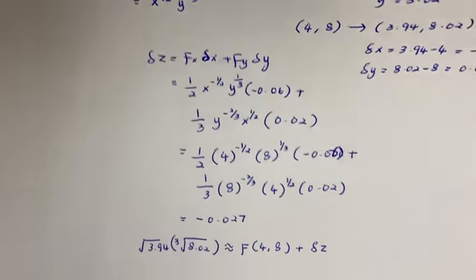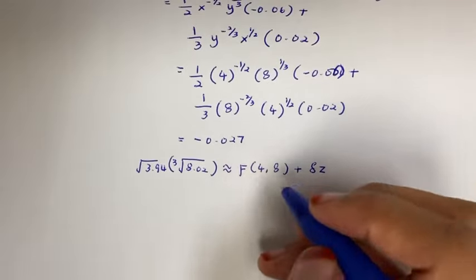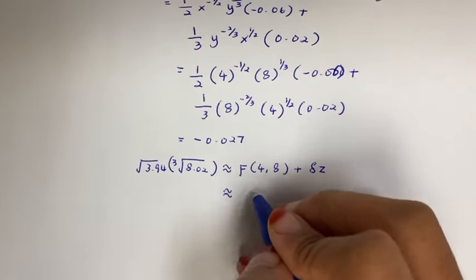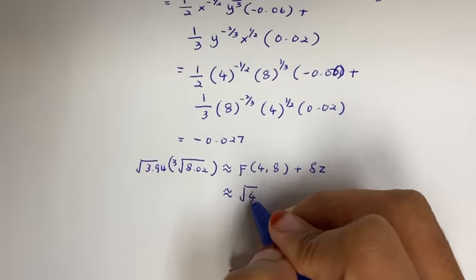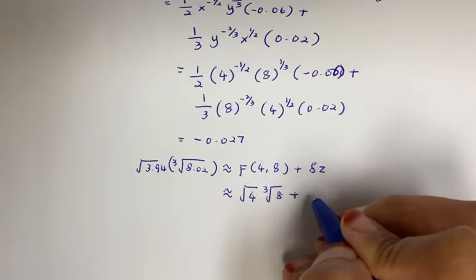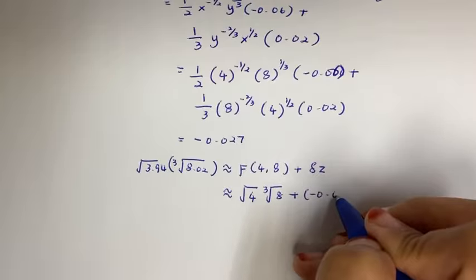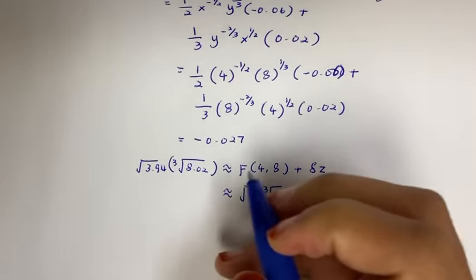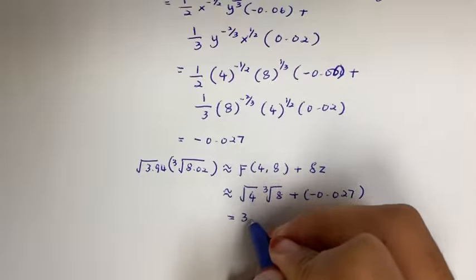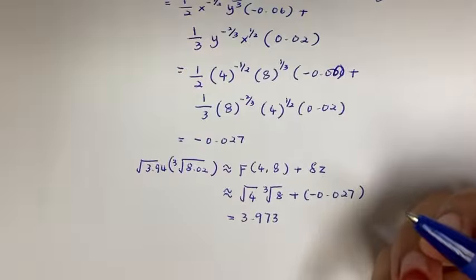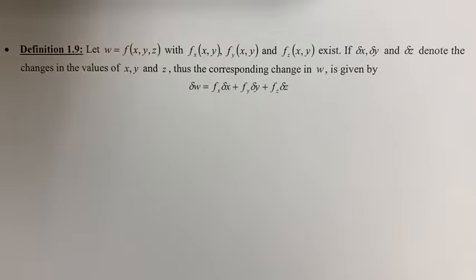So this is equal to square root of 4 times cube root of 8 plus minus 0.027. So the estimation value for this one is equal to 3.973.